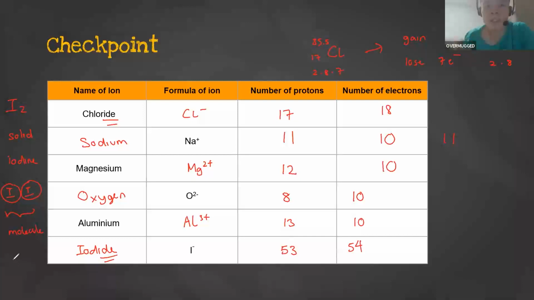So when does it become iodide? It becomes iodide when it becomes an ion. So the difference is that this is iodine atom, but this one is iodide, ion. Atoms do not have charge. Ions will have charge because there is a charge imbalance already.